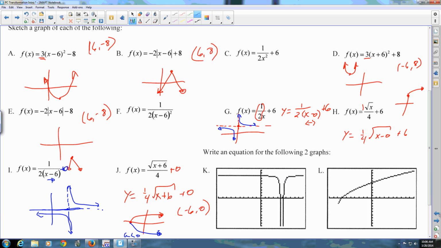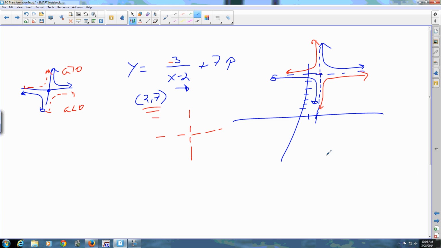Now, let's go inverse square. Inverse squares will be very similar to this. If I do the positive one just like I did before, but this time there's going to be a square on the bottom. You're going to have a vertical asymptote at the center point and a horizontal asymptote at the center point.